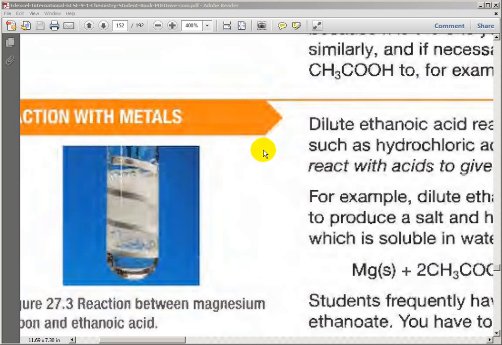Fahmid, tell me. What is the name of the gas? The fizzing is due to a gas. Which gas?